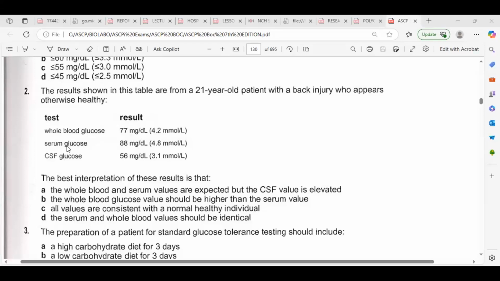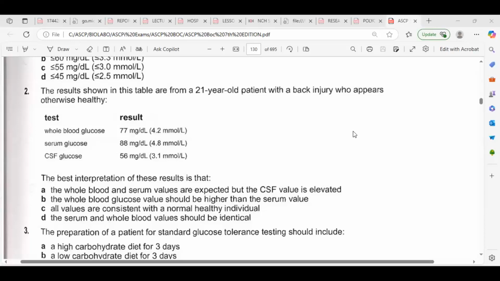When we test glucose, we are testing glucose in serum or plasma, not in RBCs, in plasma as a fluid. When you test glucose in whole blood, the sample contains red blood cells, and the red blood cells replace water or liquid.